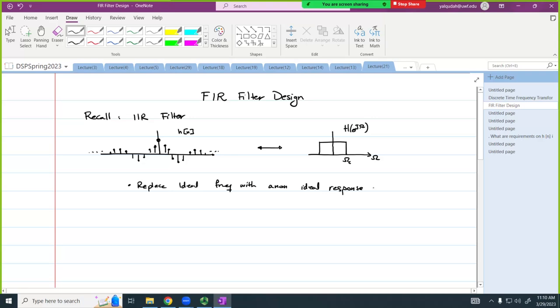If it is Chebyshev, we have oscillation in the pass band or the stop band. It's not an ideal filter, but that enabled us to create a filter. And these IIR filters that we designed are recursive, they are causal, and we want them also to be stable.